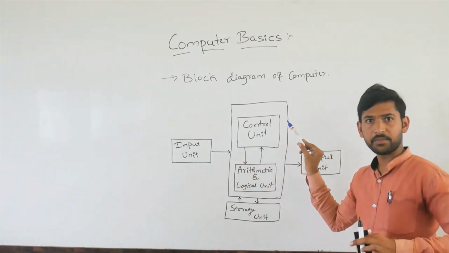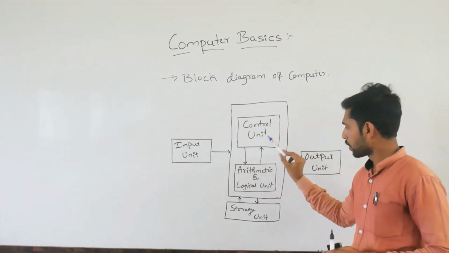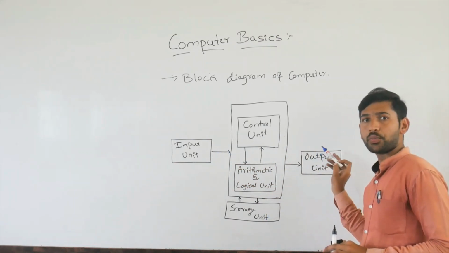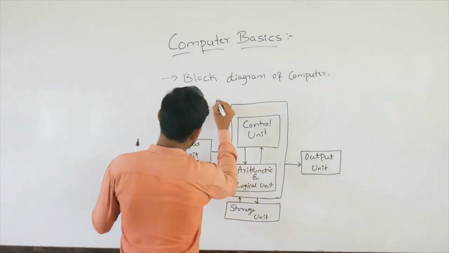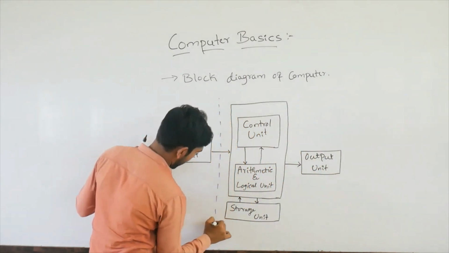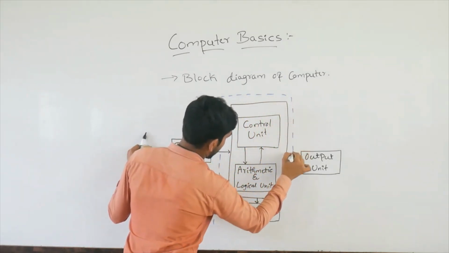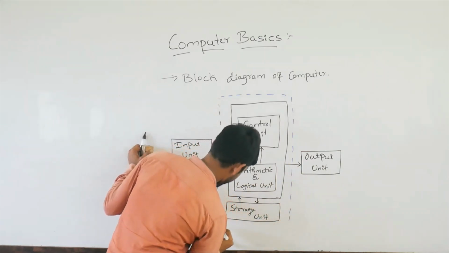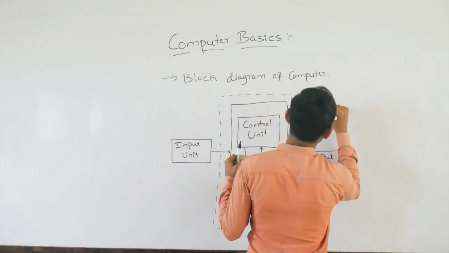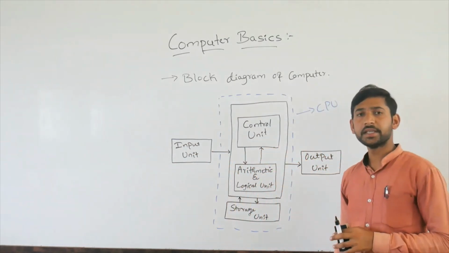There are four basic functions, as I already told you: input, processing, storage unit, and output unit. Overall this is called the CPU. You know CPU? CPU means central processing unit.